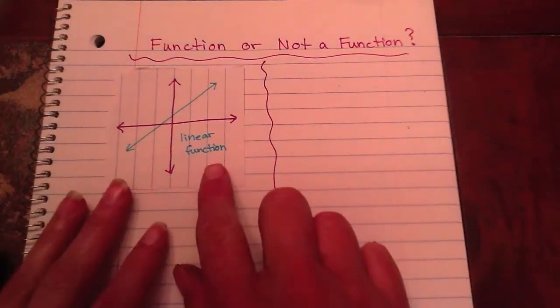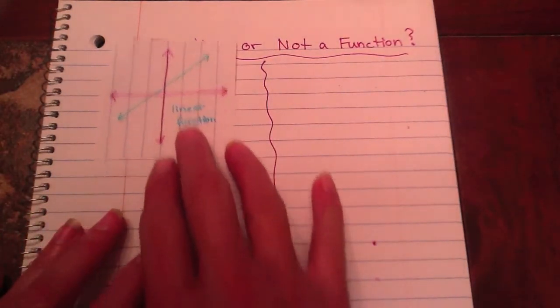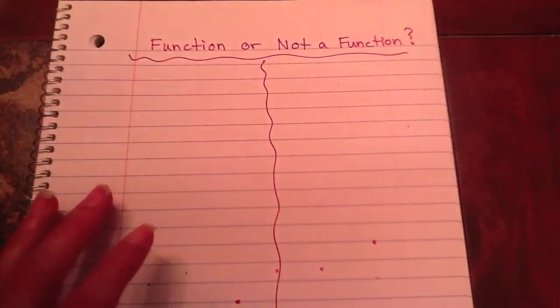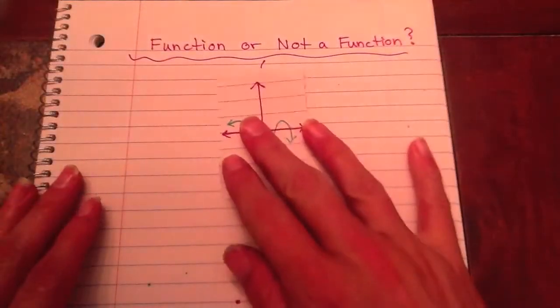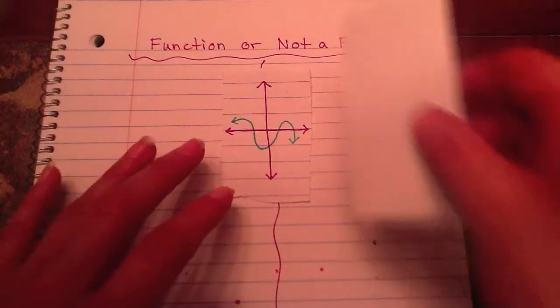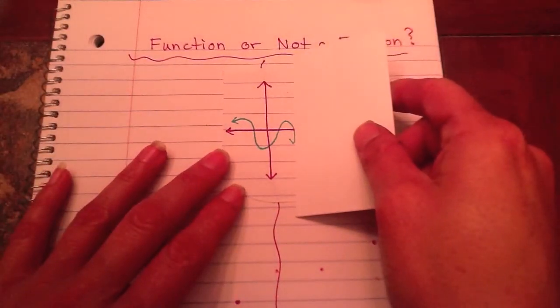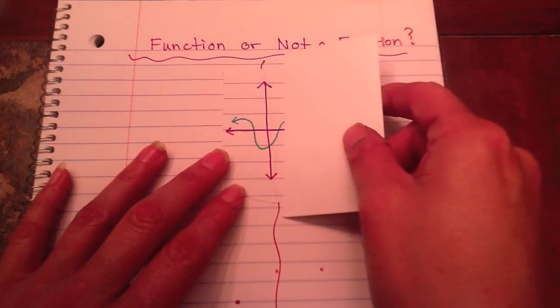So go ahead and draw a small picture of that on the function side. Let's try another one. Is this a function or is it not a function? This one's a little tricky because as you're going right here, this never actually fully straightens out, so it never crosses officially twice.